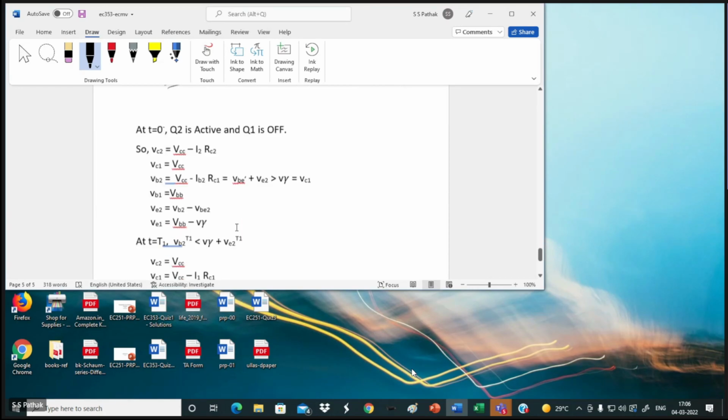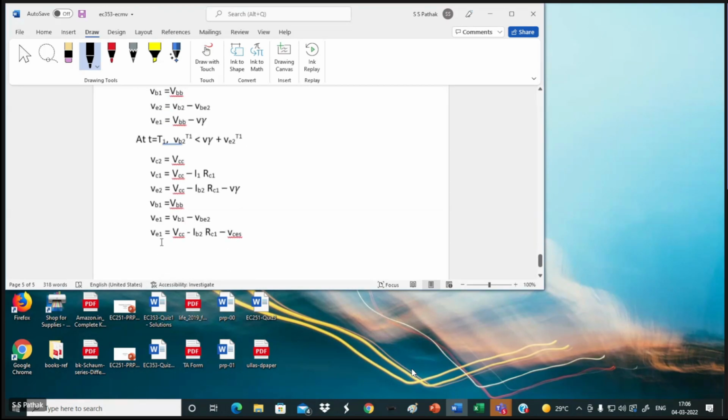This analysis I have given about VE1 at t equal to T1. Similarly, for T2 you will have to work at t equal to T1.